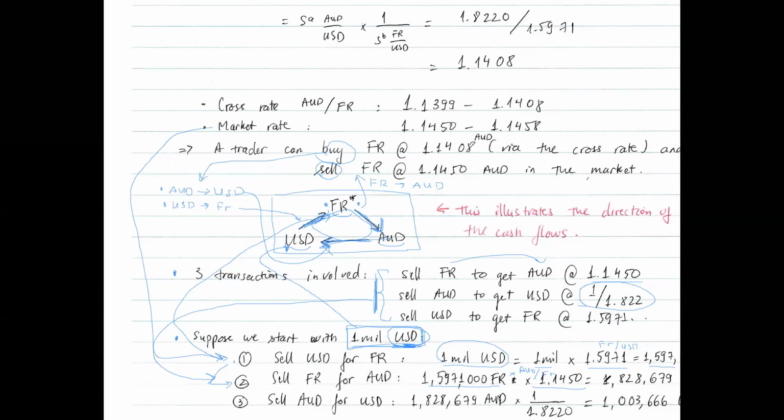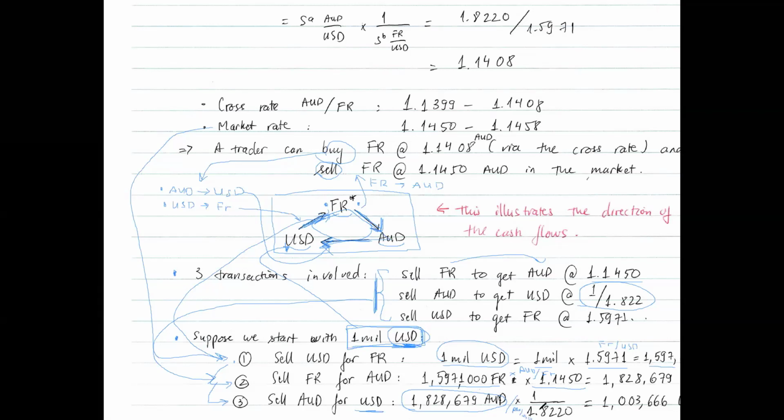From this 1.8 million Australian dollars, I'm going to sell these Australian dollars to buy the USD. So from 1.8 million Australian dollars, I'll be dividing that by the Australian divided by USD exchange rate.